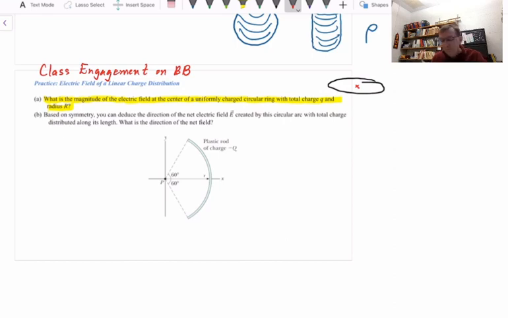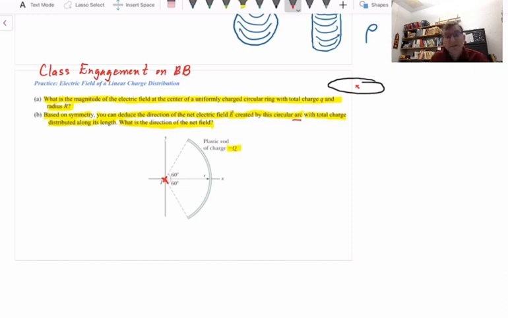Okay. Now I go to part B, and that's where this picture comes in. Here's part B. Based on symmetry, you can deduce the direction of the net electric field E arrow created by what we'll call this here circular arc with total charge distributed along its length, and that total charge is negative Q. What is the direction of the net electric field at the point P, right there, from that arc?